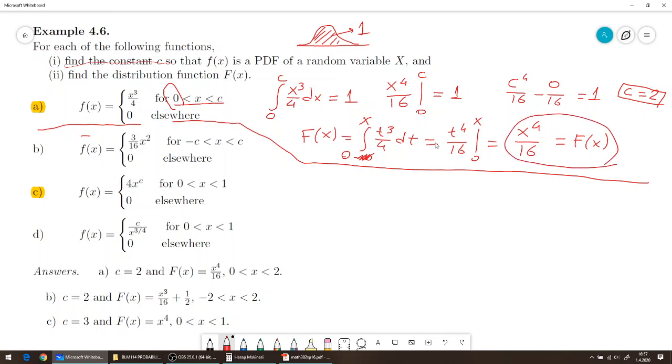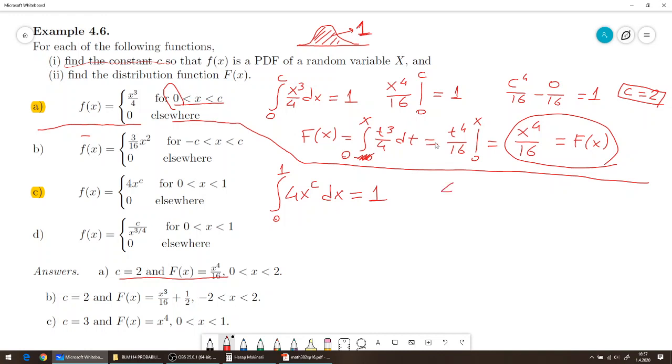As you see, these are the correct results. For part C, again, from 0 to 1, for 4x power c dx must be equal to 1 from this definition, because the area under the whole curve must be equal to 1.